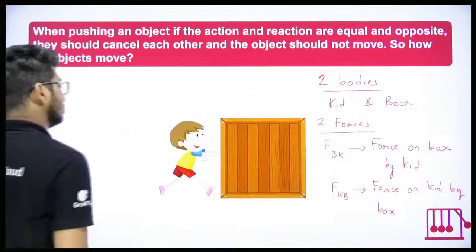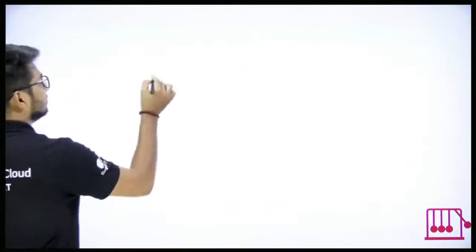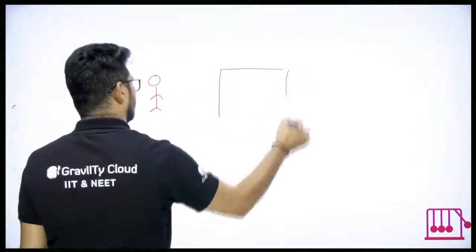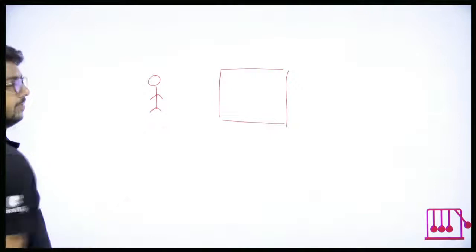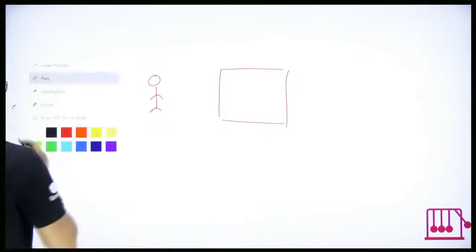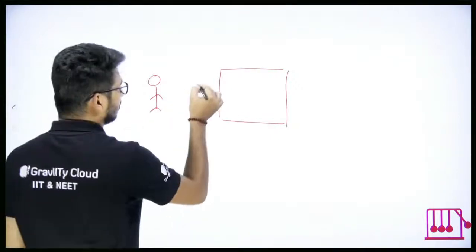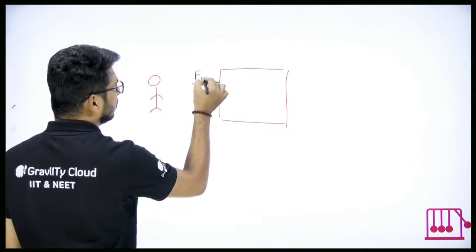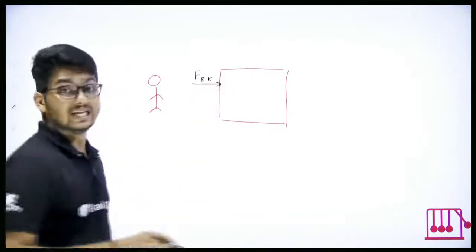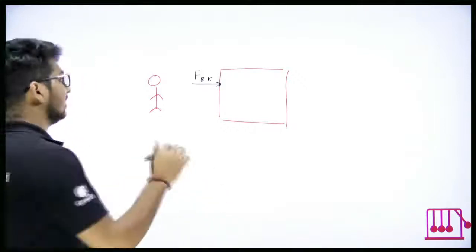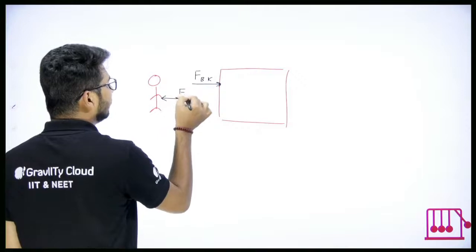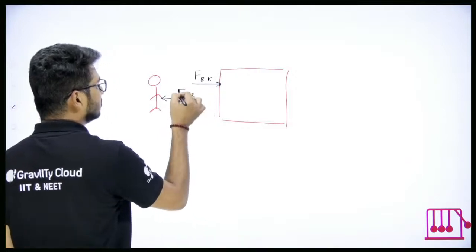Now how will the two forces be? When I separate them, if I draw them separately, then on the box there is one force acting, the force on the box by the kid. And the other force is acting on the kid, the force on the kid by the box.